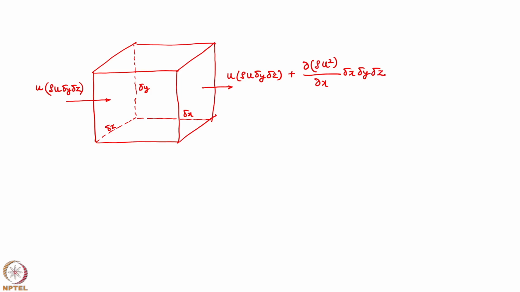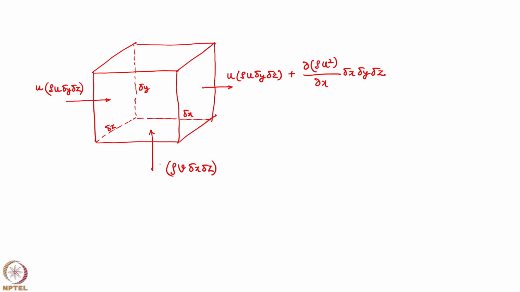Similarly, this is a very important term, please listen to me carefully. The mass flow rate with which it is flowing in the y direction is rho v delta x delta z. But then what is the x momentum it carries along with it?